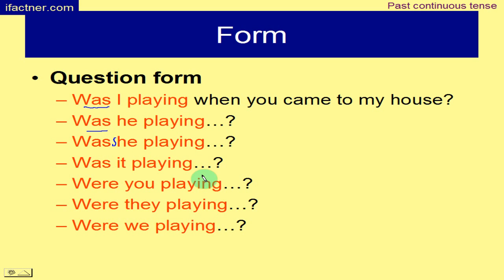Was it playing? Were you playing? Were they playing? Were we playing? So it's subject, was or were, then the subject, and then the ing form of the main verb.